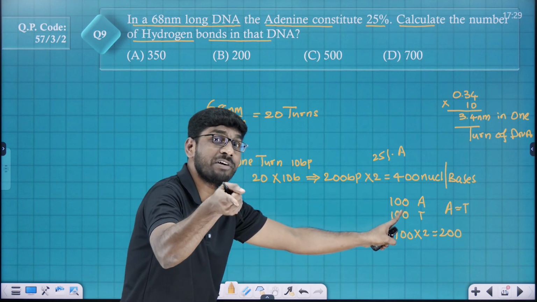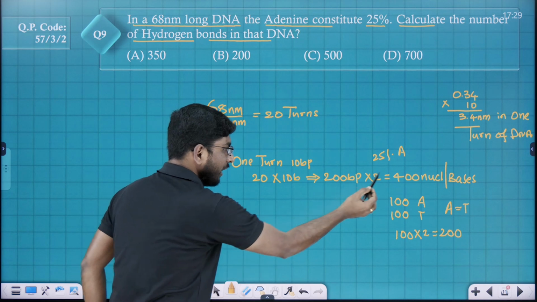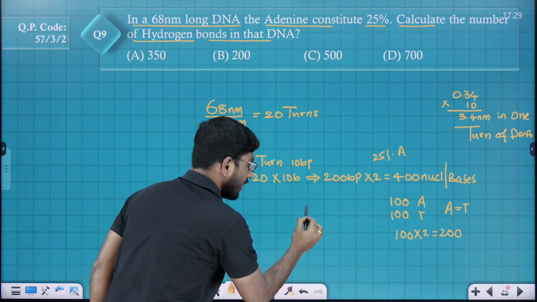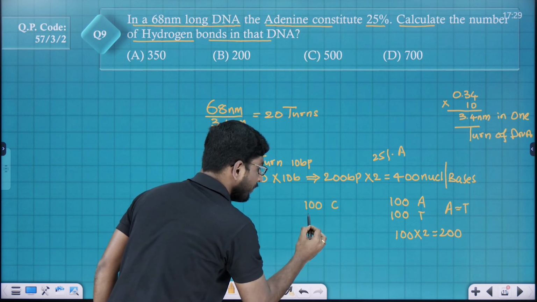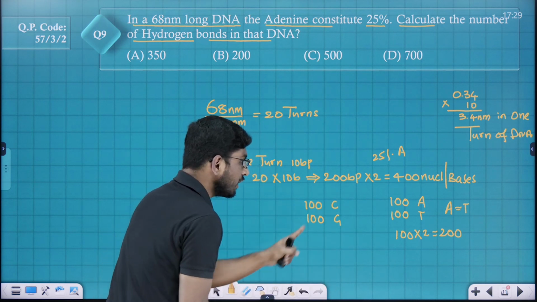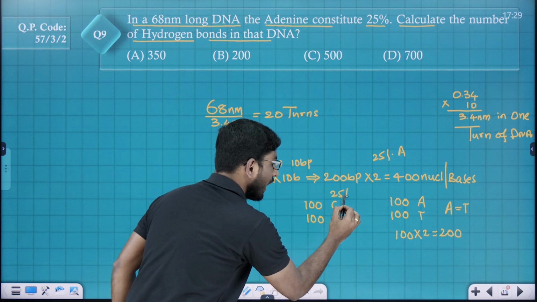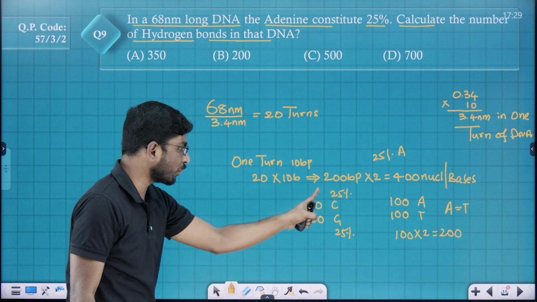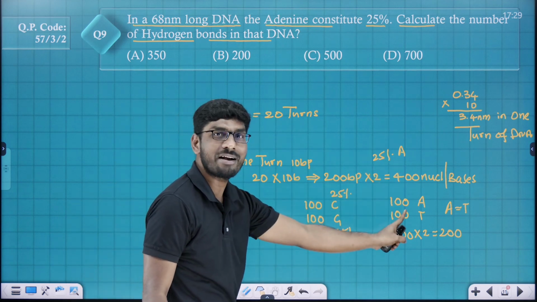Now here 25% A, 25% T. Shall I write 25% C also? Out of 400 nucleotides, 25% C means 100 C, and 100 G, because C is 25% and G is also 25%. Am I clear? So the total is 100% DNA.